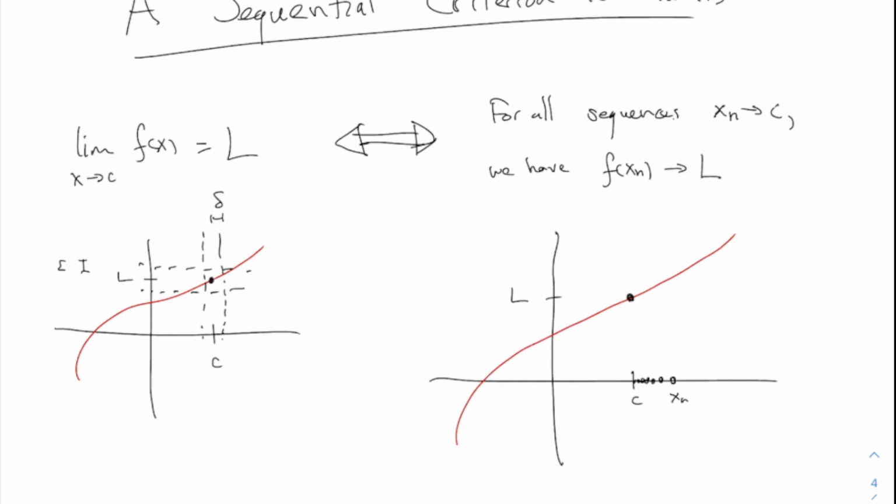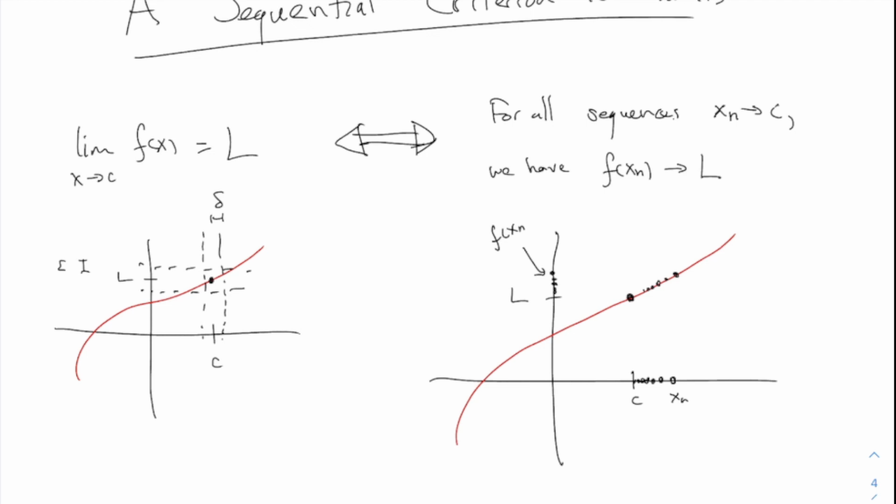And what does it mean that f of xn approaches L? Well, it means each of those points on the sequence goes up to some value on the curve. And if I look specifically at those y values, they approach L. So these values here are f of xn.